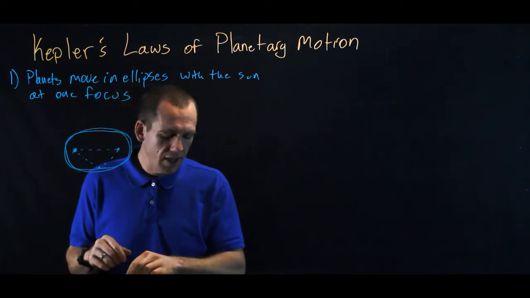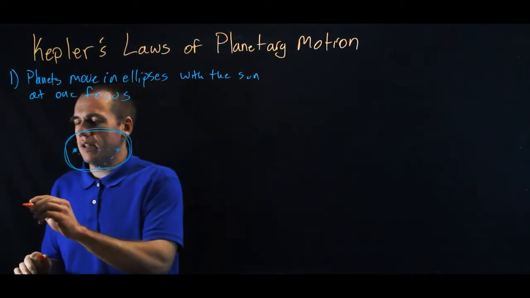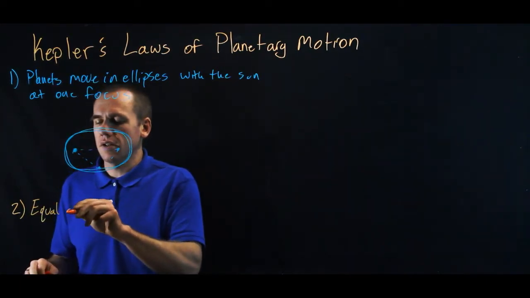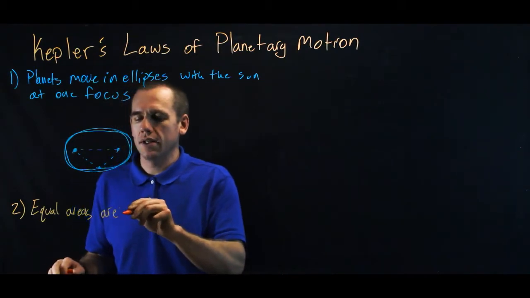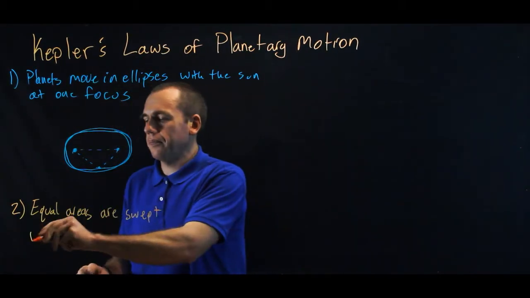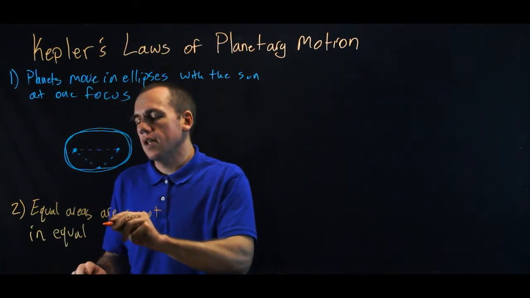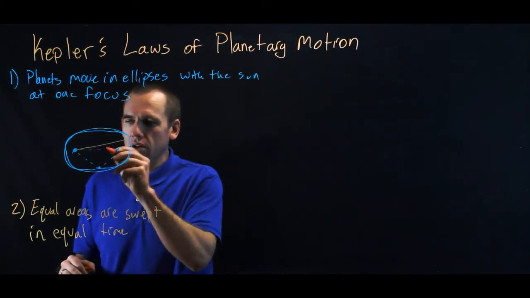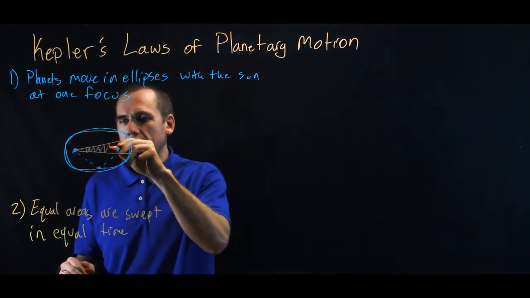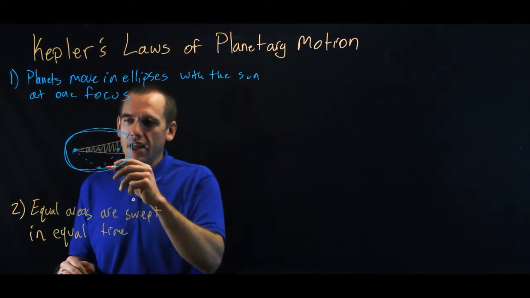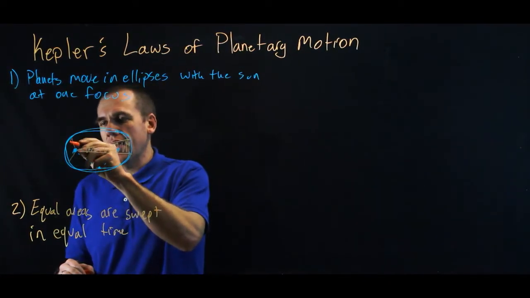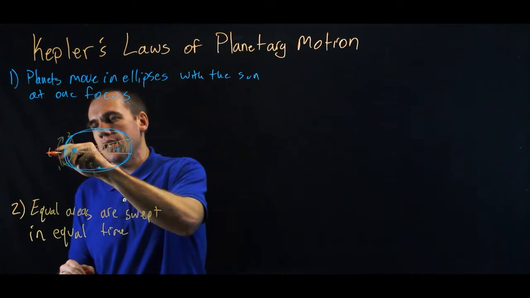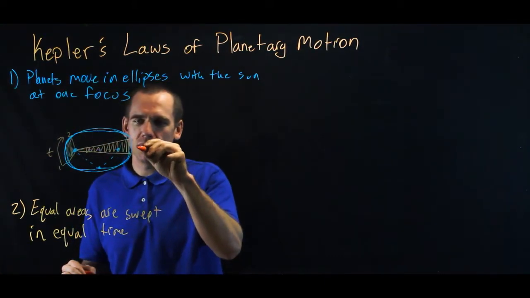The second law says that equal areas are swept out in equal times. What this means is that as the planet is orbiting, say it goes from here to here, this area it sweeps is going to be the same as this area, as long as the time it takes to move from 1 to 2 is equal to the time it takes to move from here to here.